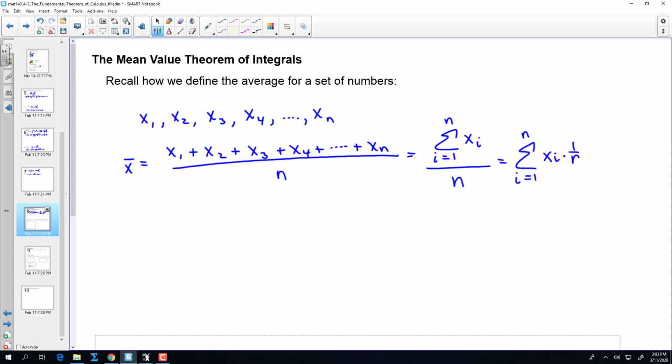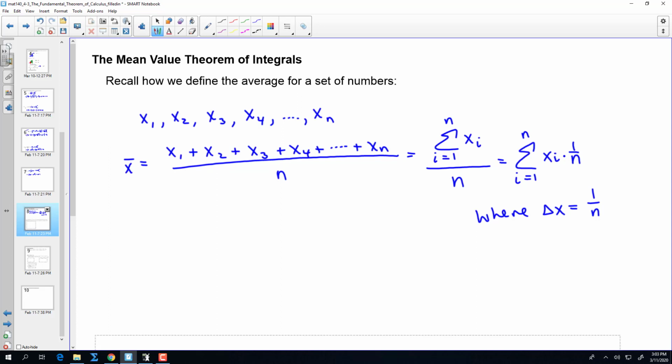And if you consider delta x to be 1 over n, that looks an awful lot like the area of a region. It looks a lot like an integral. And it turns out it actually is.